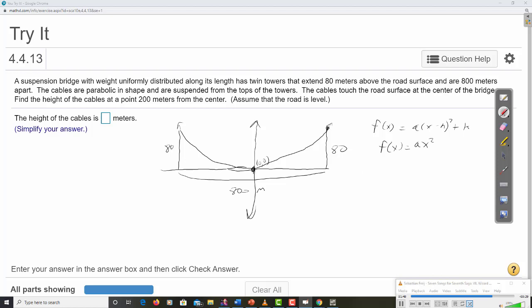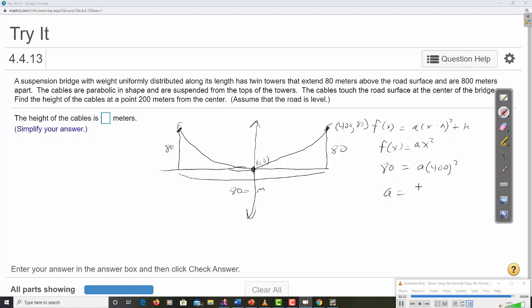And I have these points, which are 400 meters out from the center, so 400, and we know they're 80 meters up, so 400, 80 is the point. We can just plug those in. 80 equals a times 400 squared.